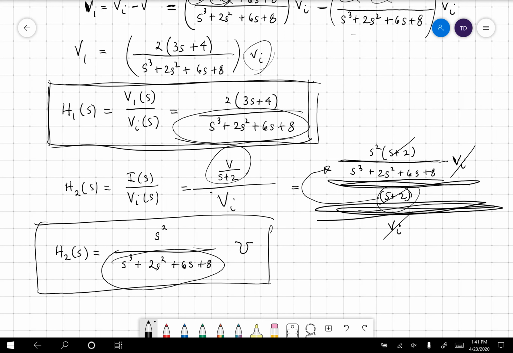A circuit has a homogeneous form to its response. It might be scaled differently, but the form of the response is the same everywhere. And so your denominators are the same everywhere.